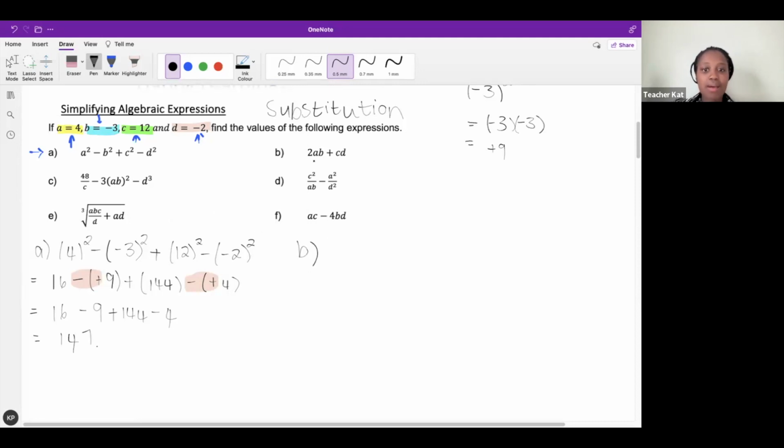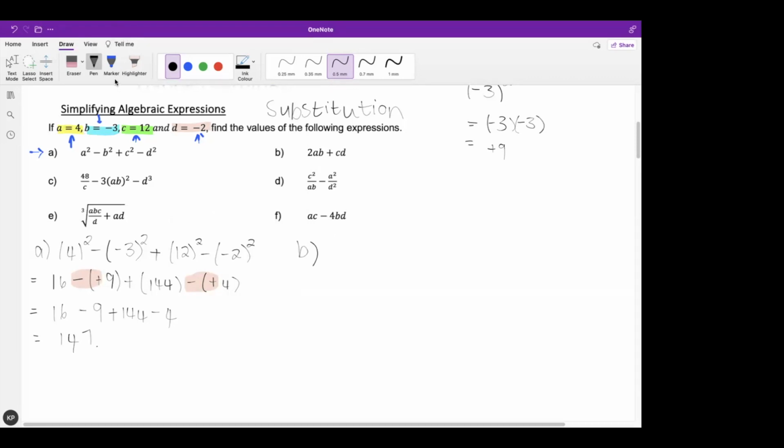Okay. This time I have a 2AB plus CD. What does 2AB mean? What are we doing with that A and B and the 2? Which operation does 2AB imply? If they're just next to each other, then it implies that we are multiplying, right?